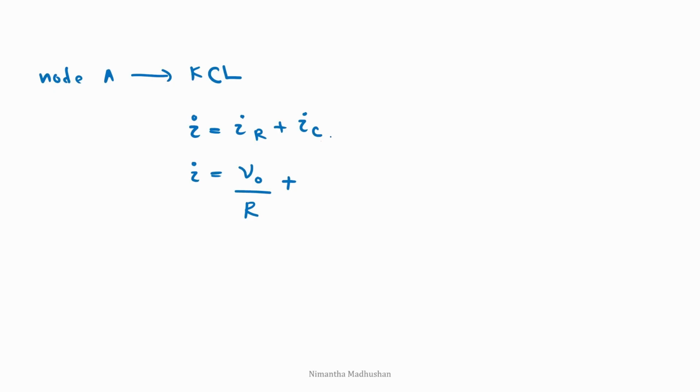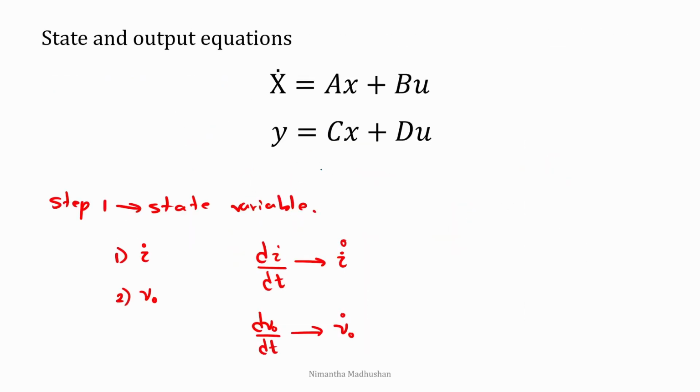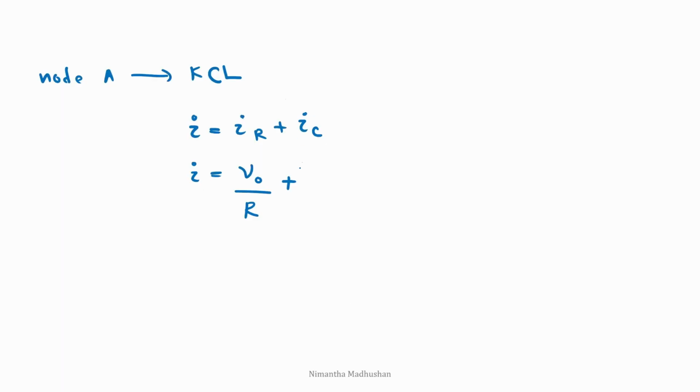Same as this one, for the IC, we can write from known terms. IC is the current flowing through the capacitor. We can write C times dVout over dt. If we consider this equation, we can see a derivative of Vout.